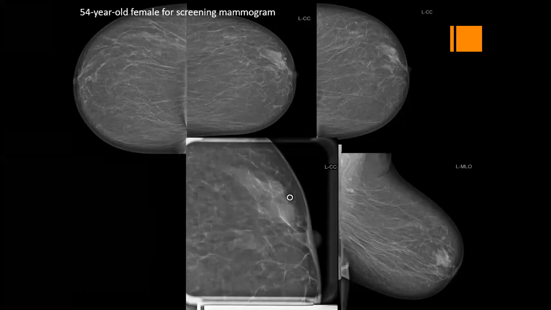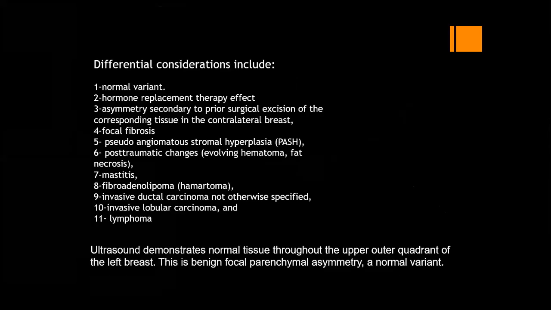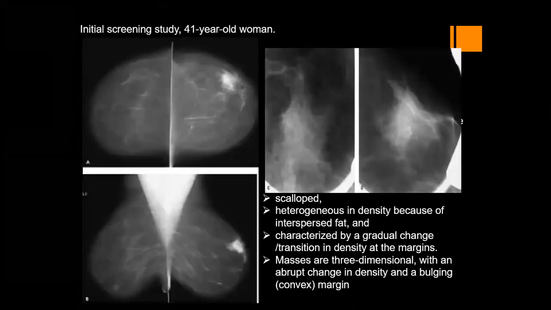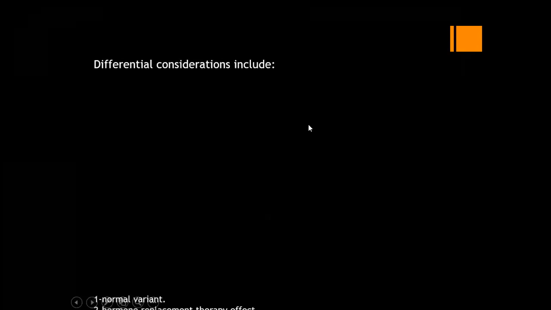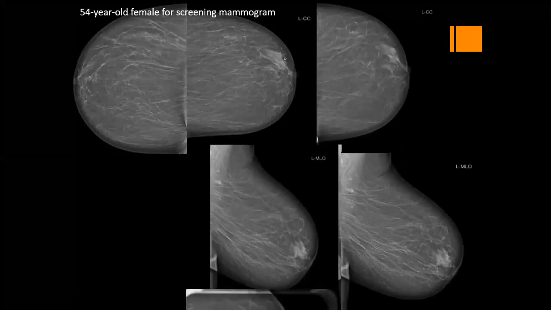Are you sure it is less dense? Okay, let me show you the previous one. Definitely, look here how it is dense and now it's fading. Look here how you can say high density mass here, but now it is less dense. But look for this case.